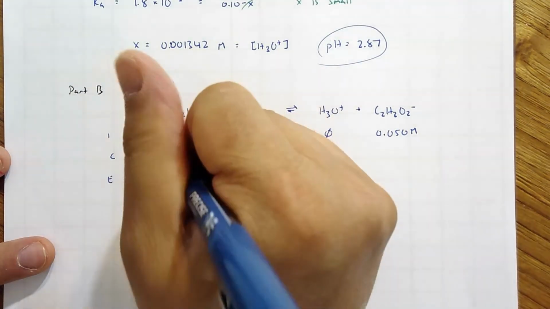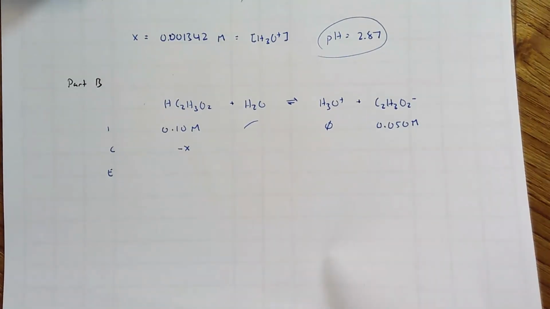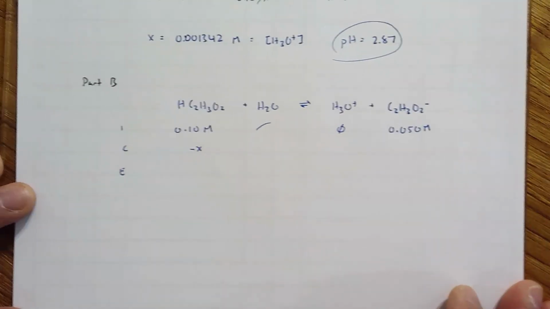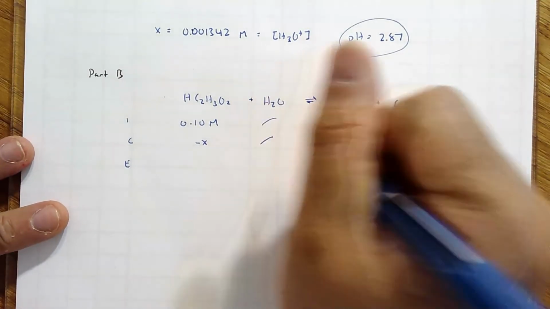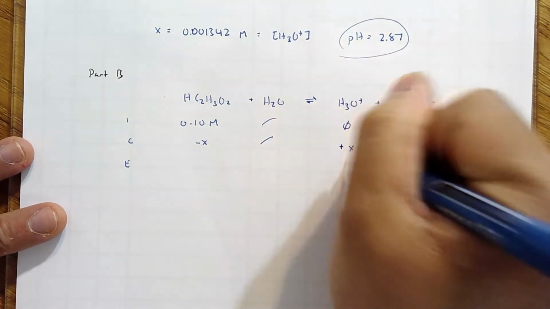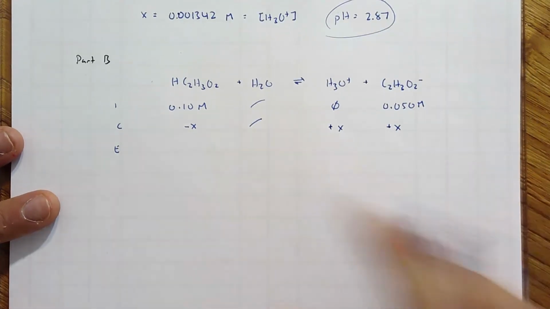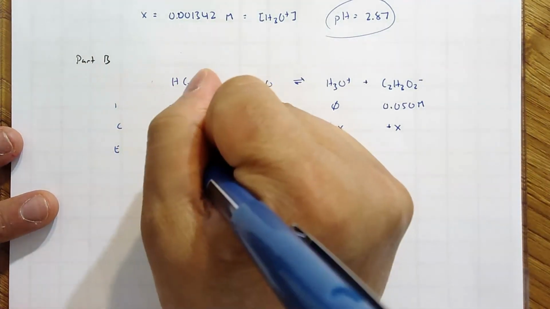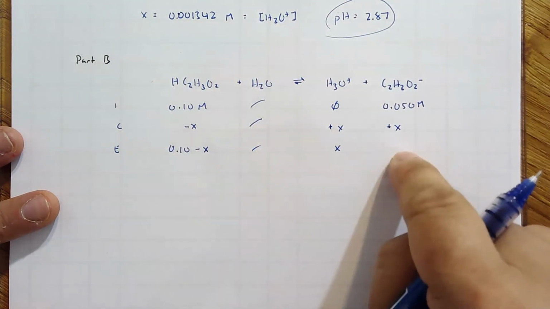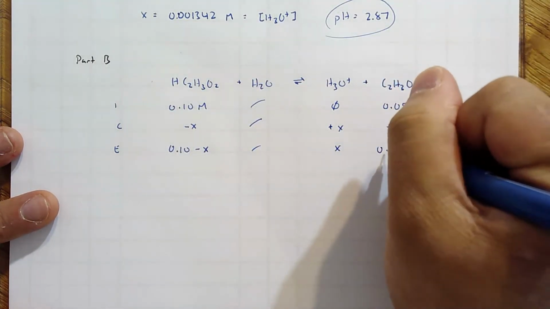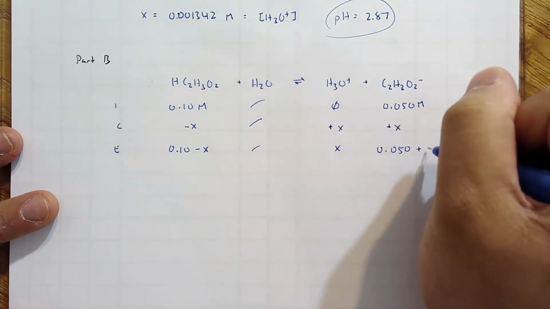So now we have a minus x. Let's see how much the weak acid dissociates. Water, again, doesn't factor in. This is plus x, this is plus x. Same thing we've done before, but now we have 0.10 minus x, we have x, but here we have 0.050 plus x.